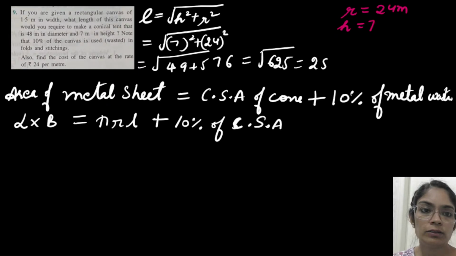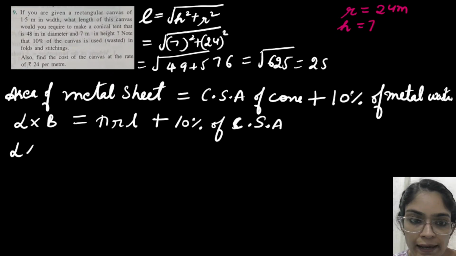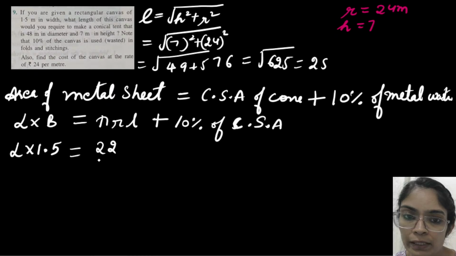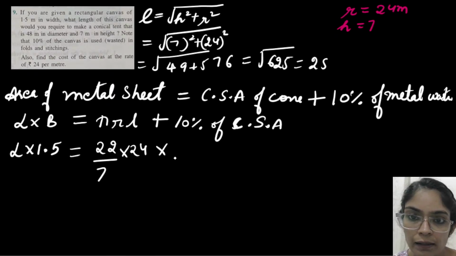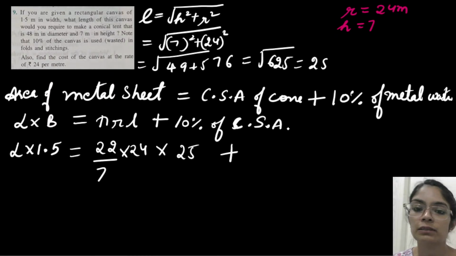Now let's do the substitution. So length we have to find, and width is given to us. Width is 1.5. So L into 1.5 is equal to pi's value 22/7, r's value is given to us as 24, L's value we found just now, 25, plus 10% of CSA.